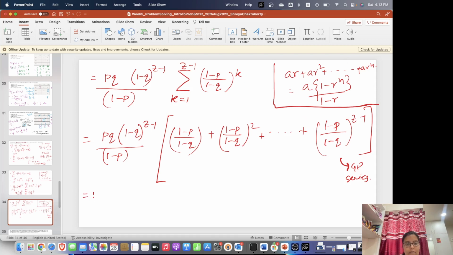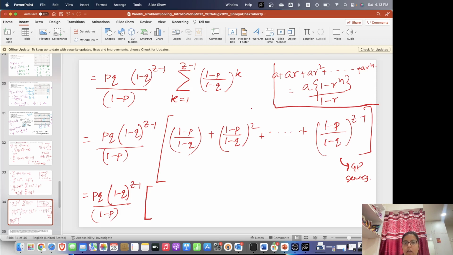So we'll have PQ 1 minus q to the power z minus 1 by 1 minus p. A we will take common. So A is this one. Sorry, R is this one. A is 1. No, here we have A plus AR, something like this. So A is 1.